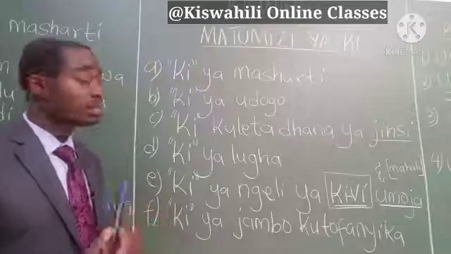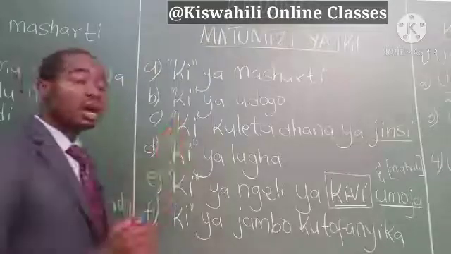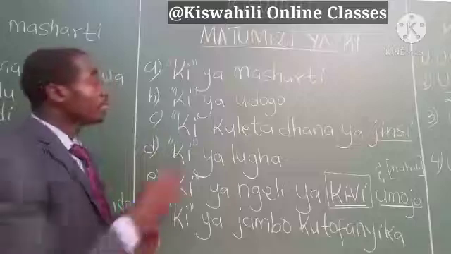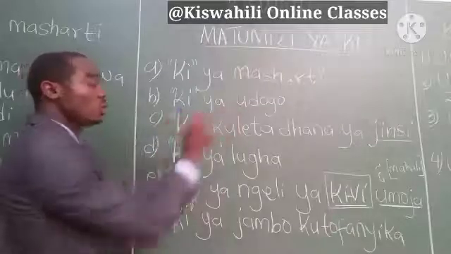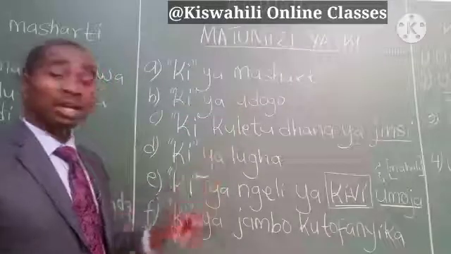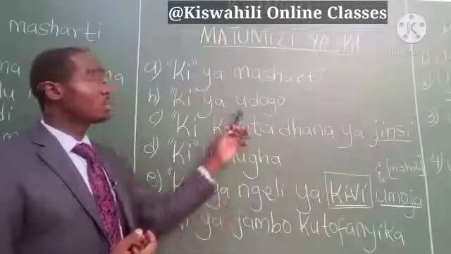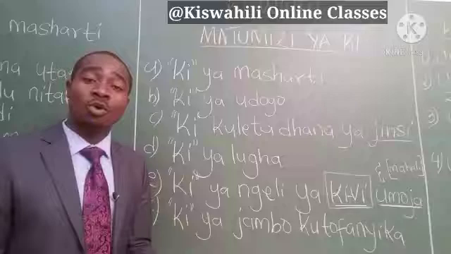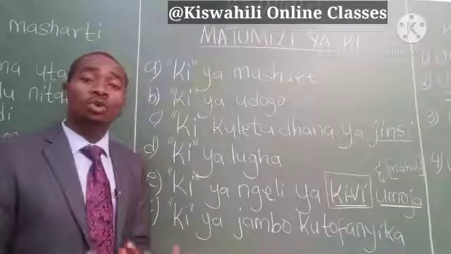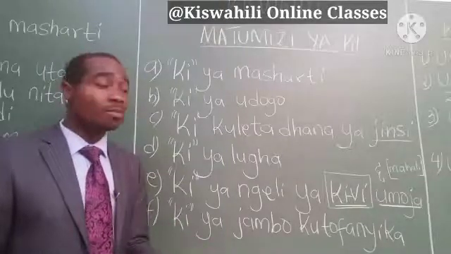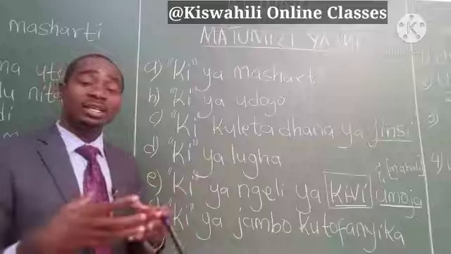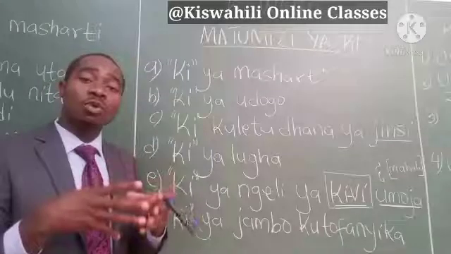The second is ki ya udogo. Ki ya udogo. Udogo is the diminutive. So some people confuse this word udogo with udongo. Udongo is soil, but udogo is a degree of smallness.